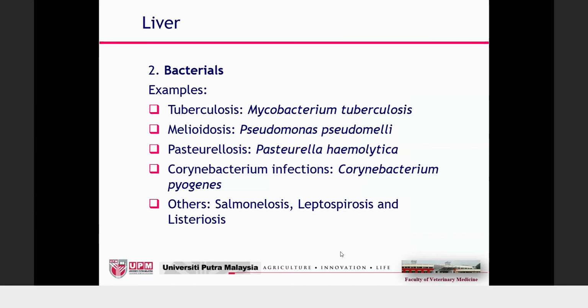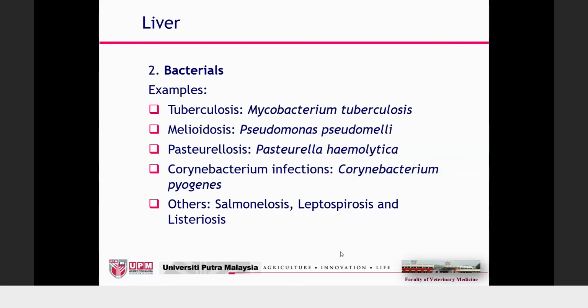If these are bacteria, they usually cause what you call bacteremia or septicemia. It's a systemic infection. Viruses just now can cause viremia, but for some of them, the target organ is really the liver. For example, tuberculosis. So with tuberculosis, you can find the lesion anywhere. Remember, we have tuberculosis lesions in the intestine, very common in the lung.